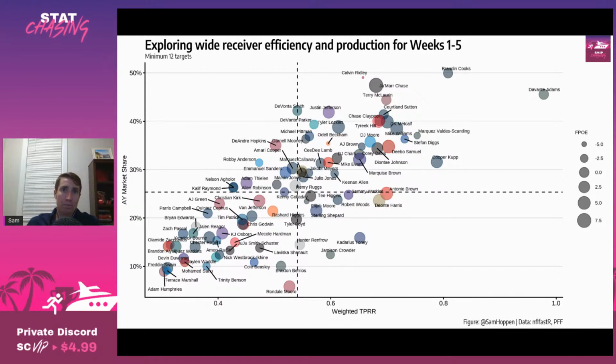Jamal Agnew ended up handling the slot role with 68% of his snaps from the slot. Would much prefer Shenault be there, but I think it's still to be determined if this is a big issue or if this is just a one-time thing.